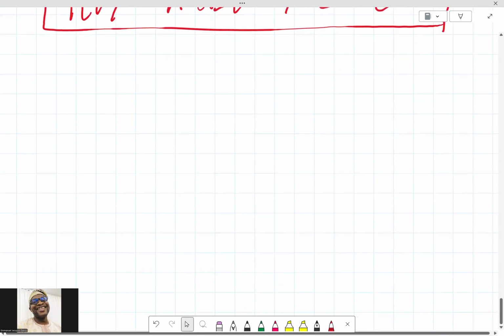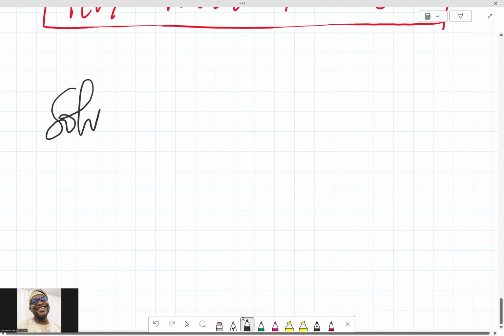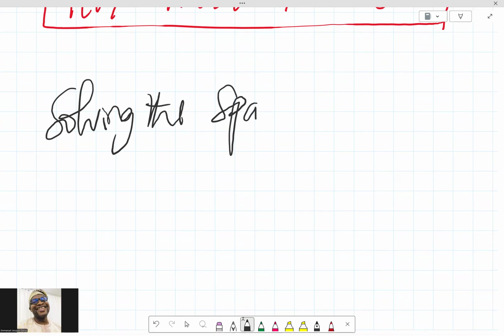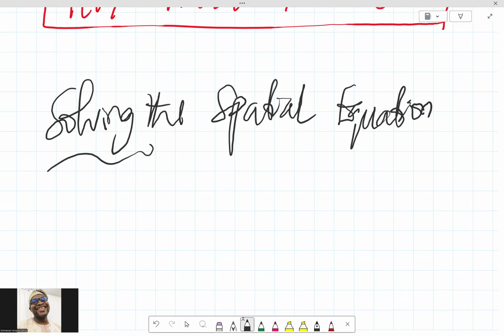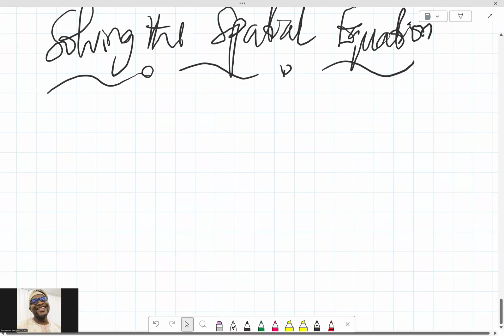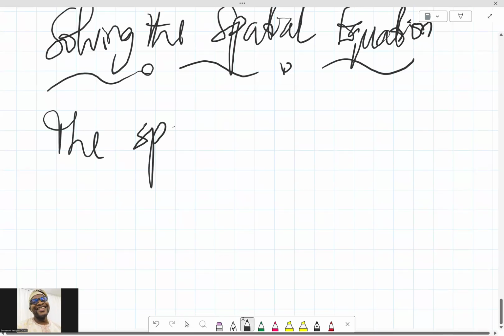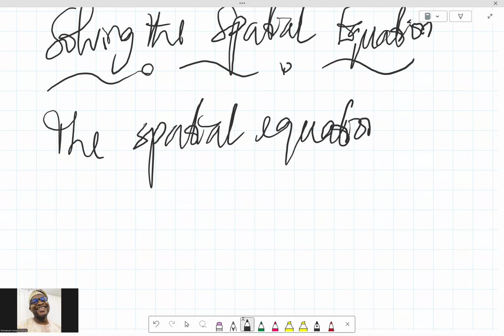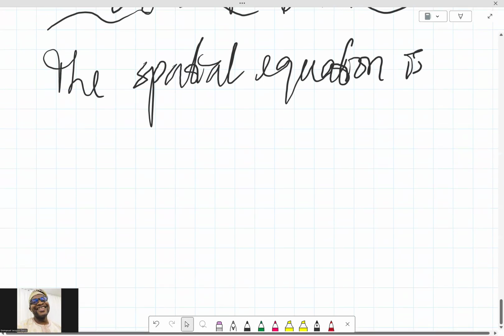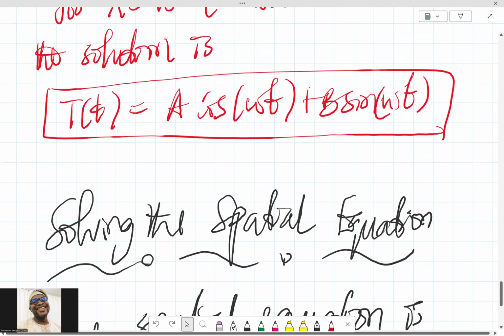The next thing is we want to check out the spatial equation. Solving the spatial equation, that's the space part, the X of x part of the deal. Remember c squared was missing, so it's going to come back here. Let's go back to where it came from.